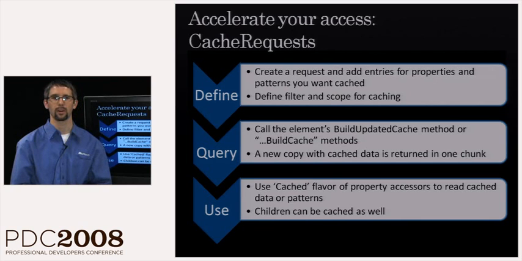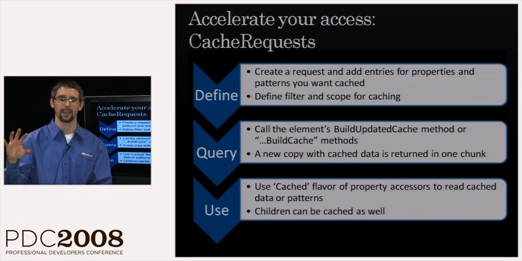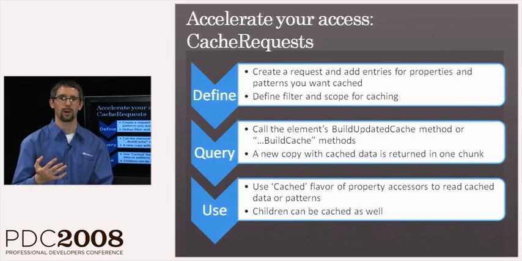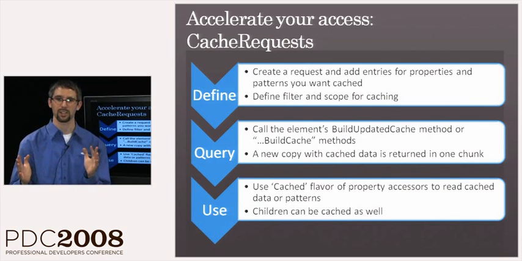On any element, you can call build updated cache, pass it a cache request. It'll hand you back a new element that corresponds to the same piece of UI, but now has a whole bunch of cache data attached to it. There's also a family of methods in UIA that have a build cache suffix that do the same thing. So if you call element from handle build cache, it will go to that H when you pass it, get you a reference to the element, but also cache everything that you asked for while it's over there, doing the whole thing in just one cross-process call.